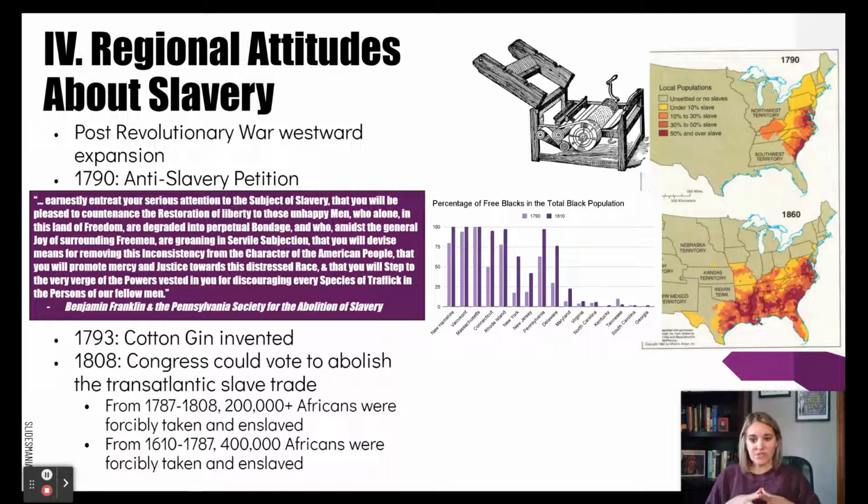So in 1790, we see the first anti-slavery petition come before Congress. This was signed by Benjamin Franklin and the Pennsylvania Society for the Abolition of Slavery.